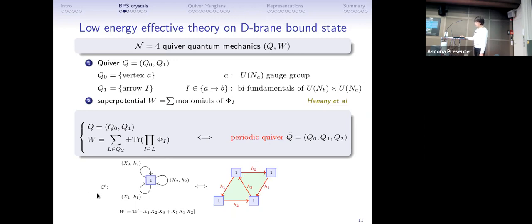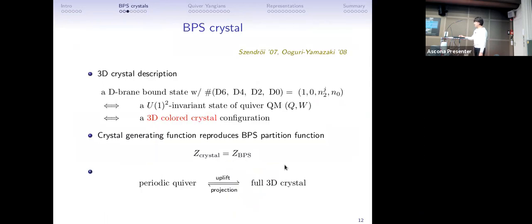This is the simple example, C3. There is one node and three adjoints, and you see there are two terms, which correspond to these two faces in the fundamental domain. It turns out each BPS bound state corresponds to an invariant state in your quantum mechanics, which, as I will explain later, has a very nice three-dimensional colored crystal configuration.